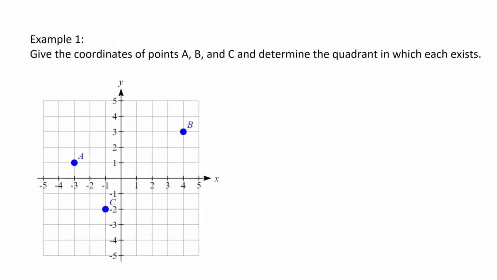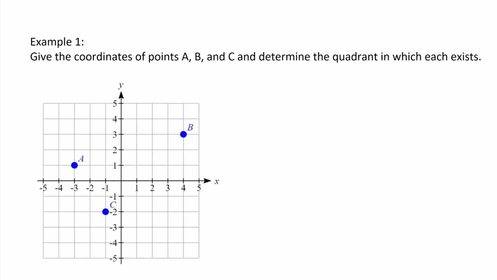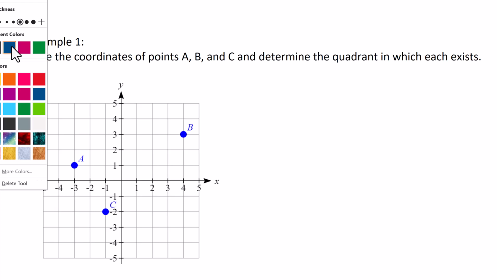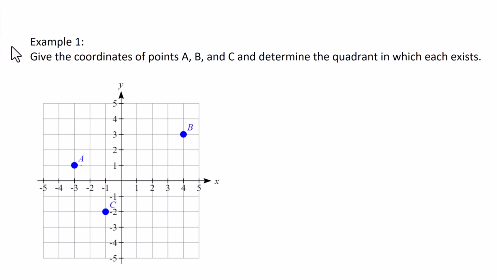In example 1, we're asked to give the coordinates of points A, B, and C and determine the quadrant in which each exists. Let's start with A. A is to the left of the y-axis and above the x-axis. So this is quadrant 2.